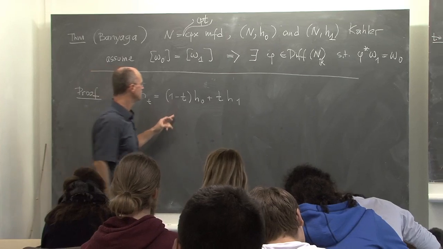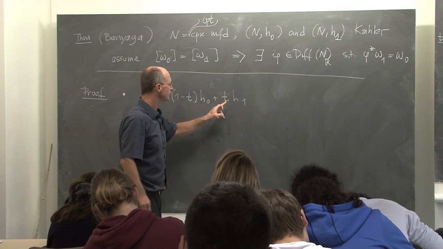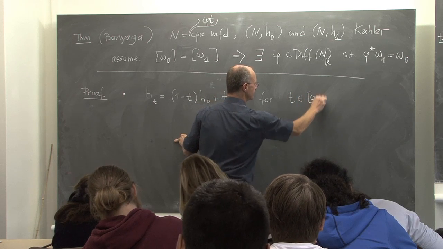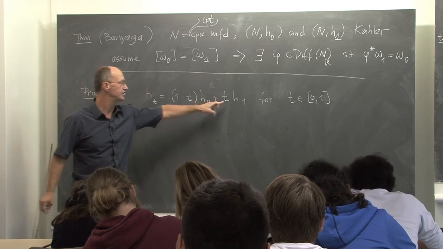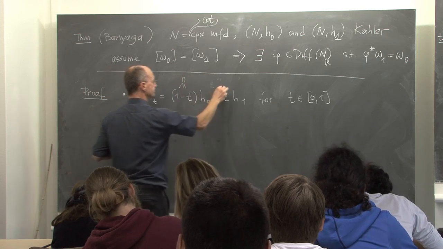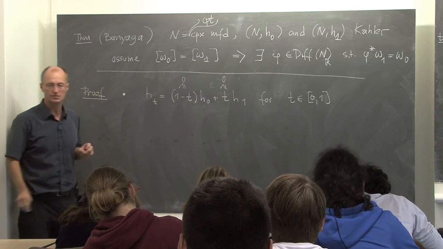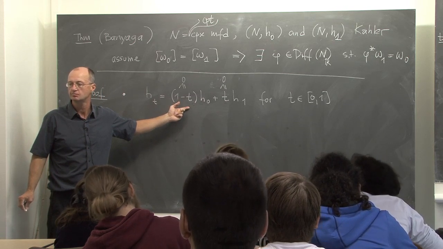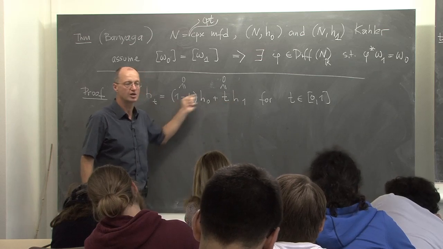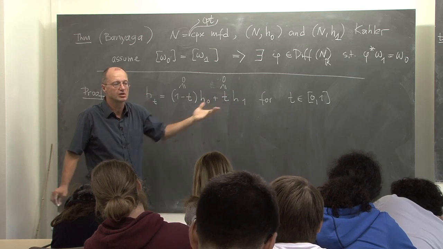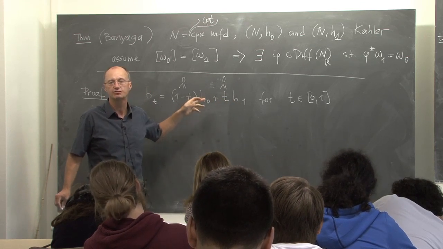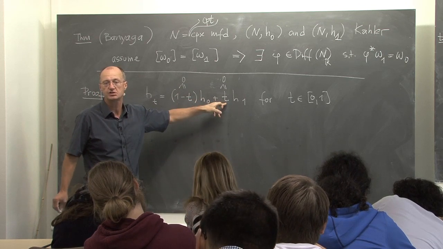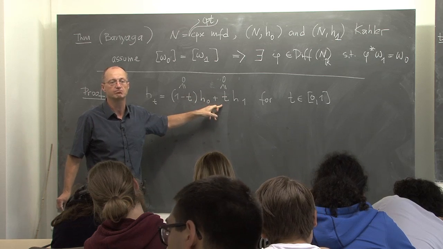We take 1 minus t times h0 plus t times h1, and we assume that t is between 0 and 1, so both 1 minus t and t are non-negative. Then this is again a Hermitian structure, right? You take a convex combination of two Hermitian products, you get a Hermitian product. You have all the bilinearity features, and the positivity is still there, and non-degeneracy is still there.